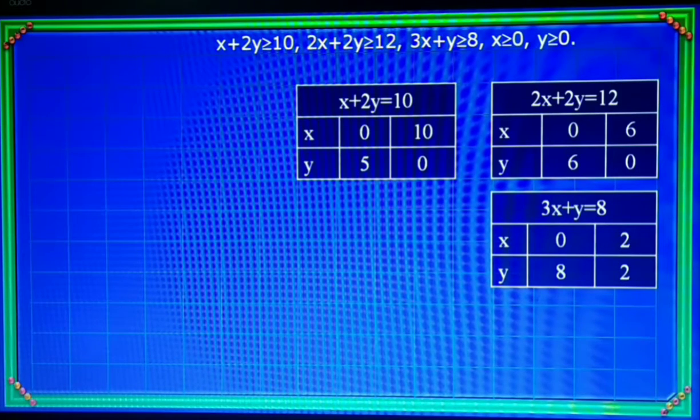When x is equal to 0, y is equal to 8. When x is equal to 2, y is equal to 2. Observe here why we have chosen x is equal to 2 or y is equal to 2.